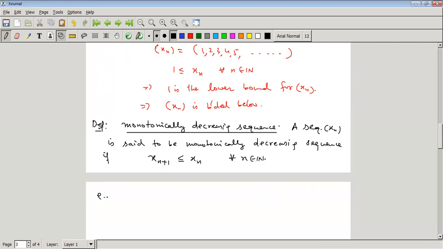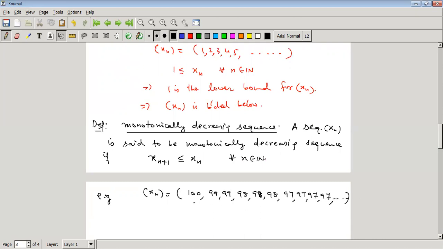For example, if we take the sequence xn equal to 100, 99, 99, 98, 98, 98, 97, 97, 97, 97, and so on.